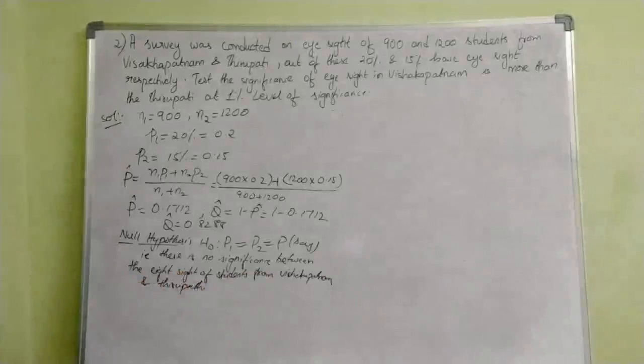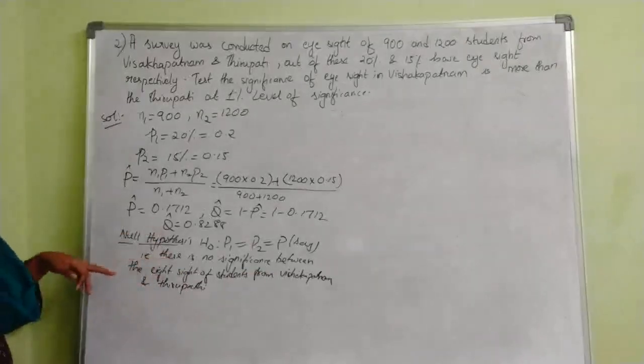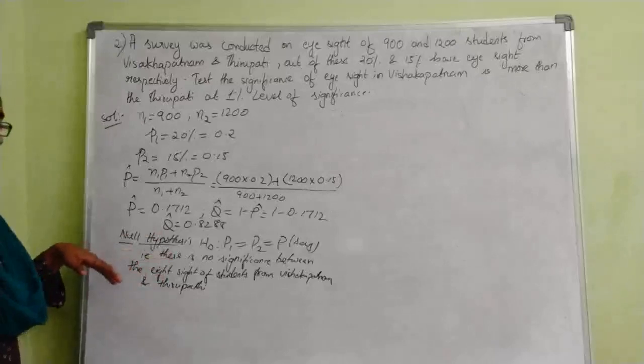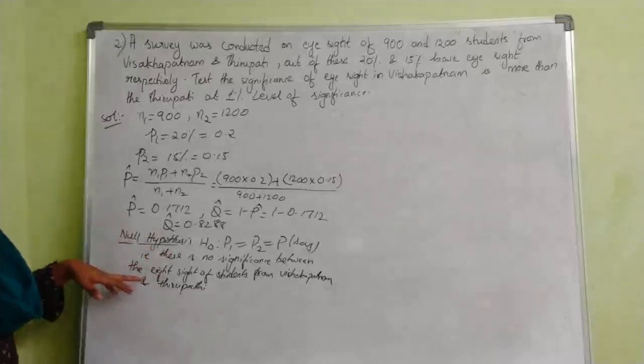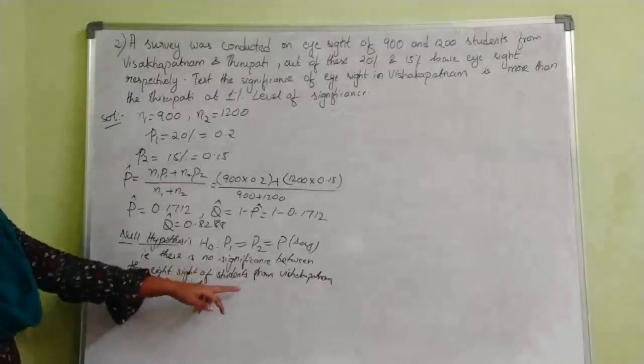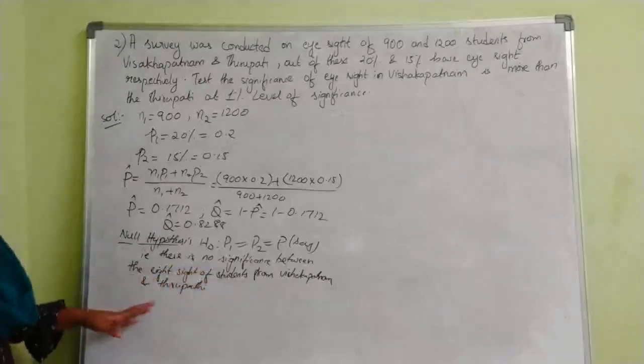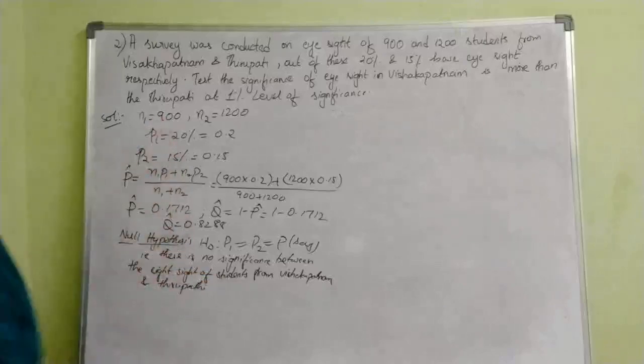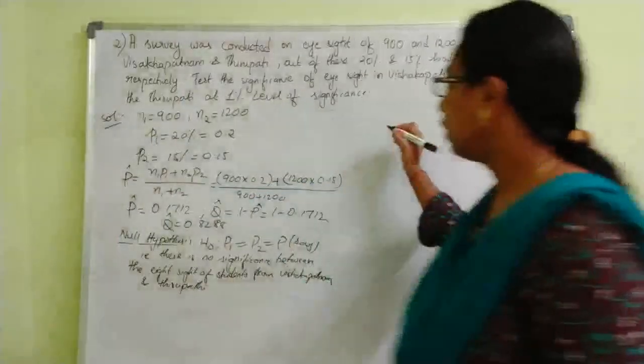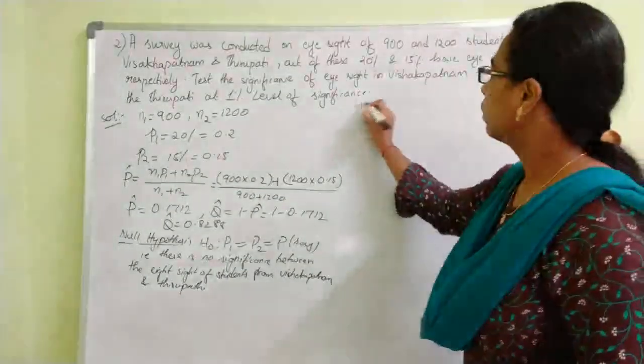So in this way we are going to write the null hypothesis, that there is no significant difference between the eyesight of the students from Visakhapatnam and Tirupati. That means you can simply write that the eyesight of the students of Visakhapatnam and Tirupati are equal. Next we are going to write the alternative hypothesis.